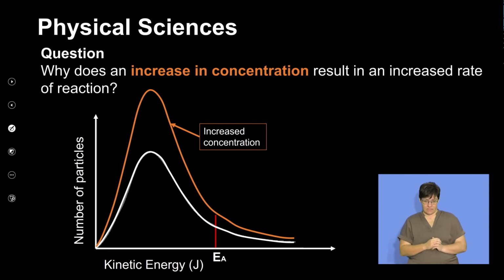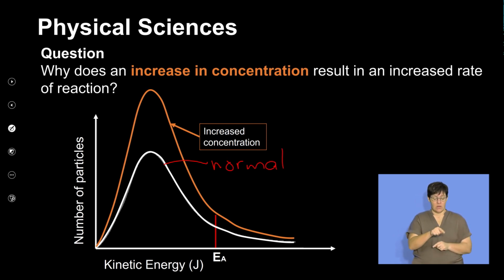If we go back to the Maxwell-Boltzmann, I want to remind you again that this is our normal statistical curve, where we have a peak at the average kinetic energy for most of our particles.